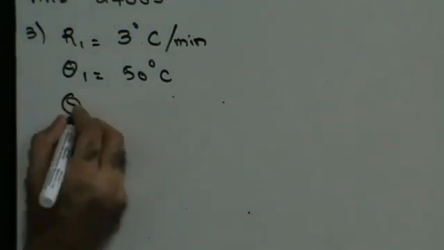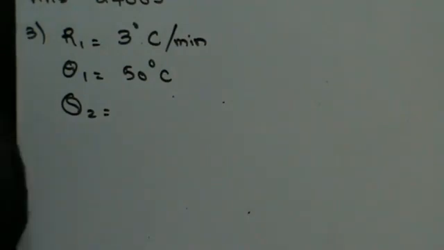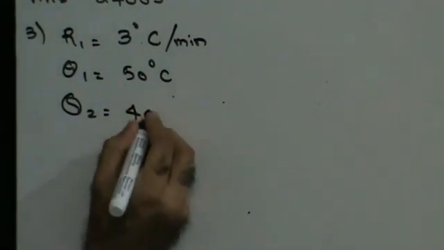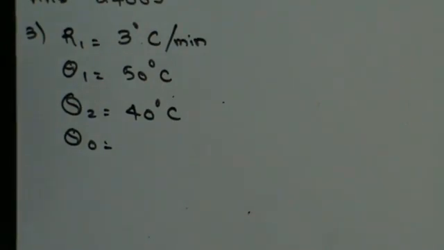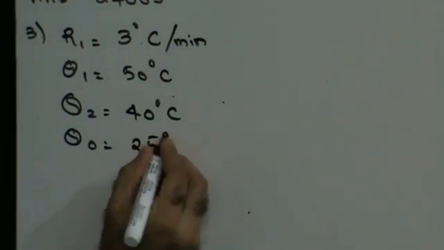Find the rate of cooling at 40 degrees Celsius if the temperature of the surrounding is 25 degrees Celsius.